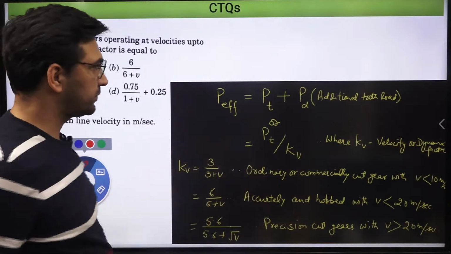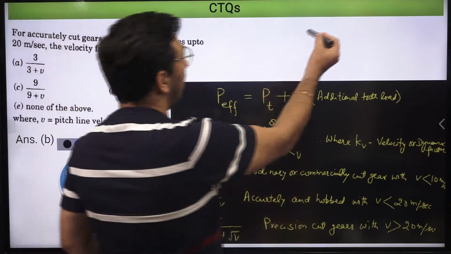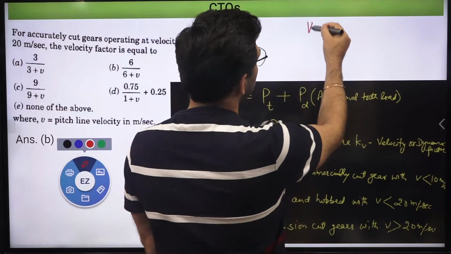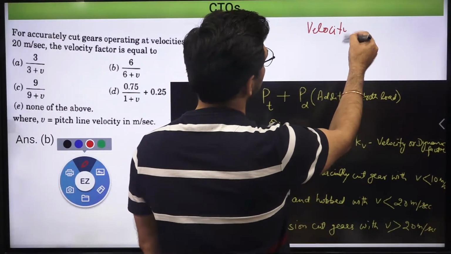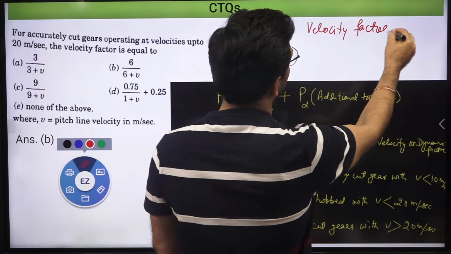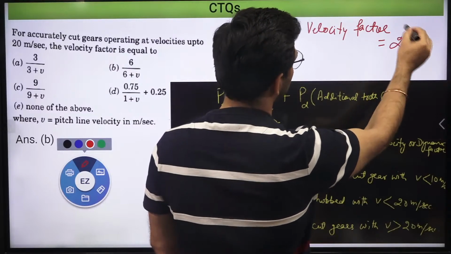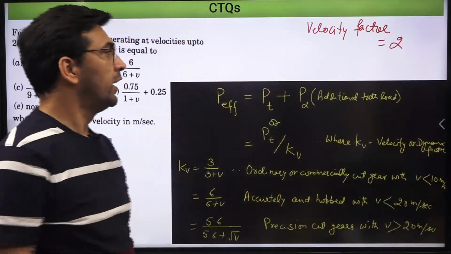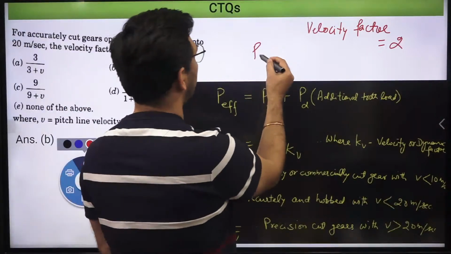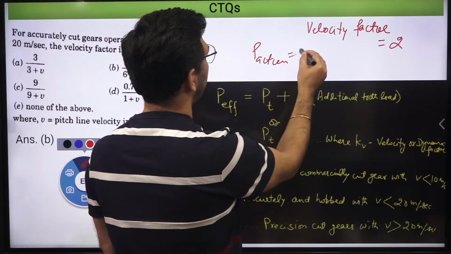Okay, so let us say one more question he can frame where you may get confused. Let us say I am giving you the value of the velocity factor as 2. Let's say he has given you a velocity factor of 2 and he is asking you to find the value of the actual tooth load or P effective.